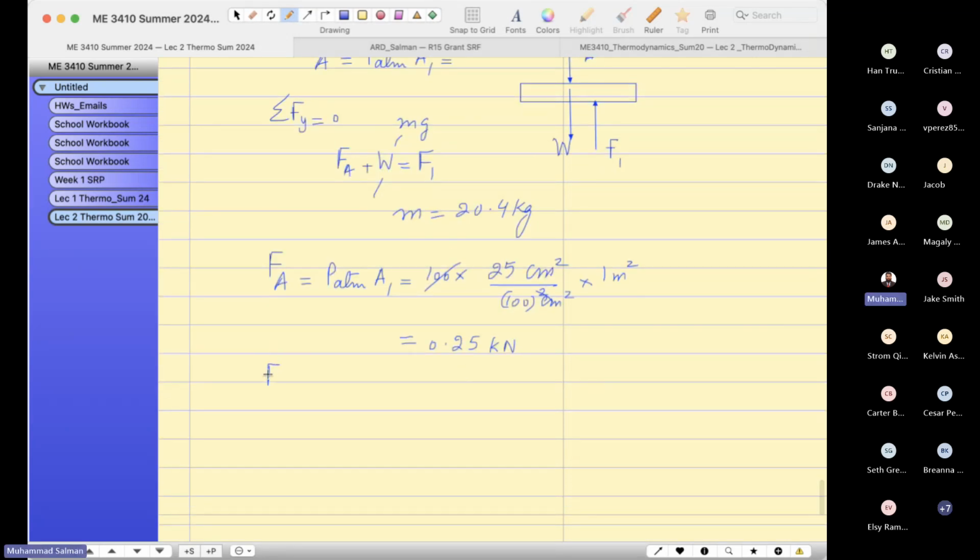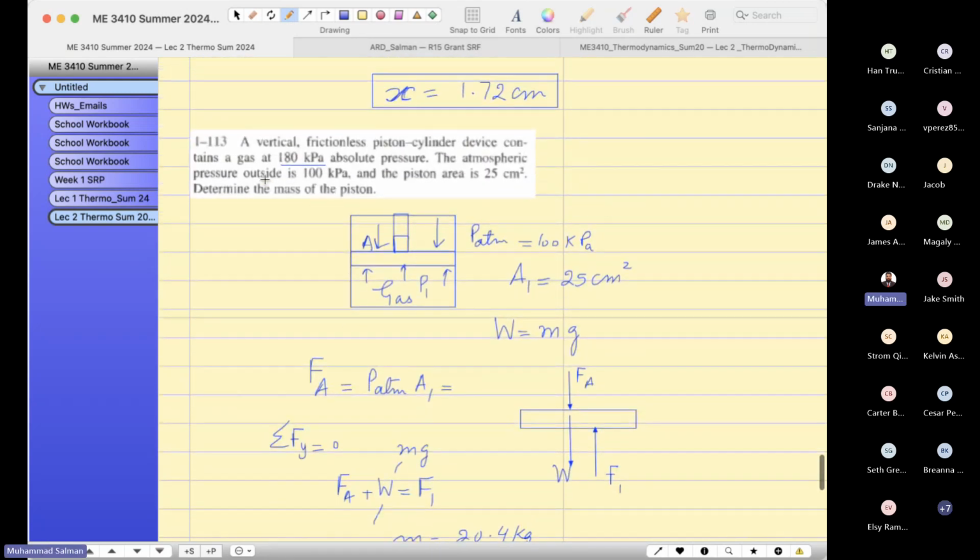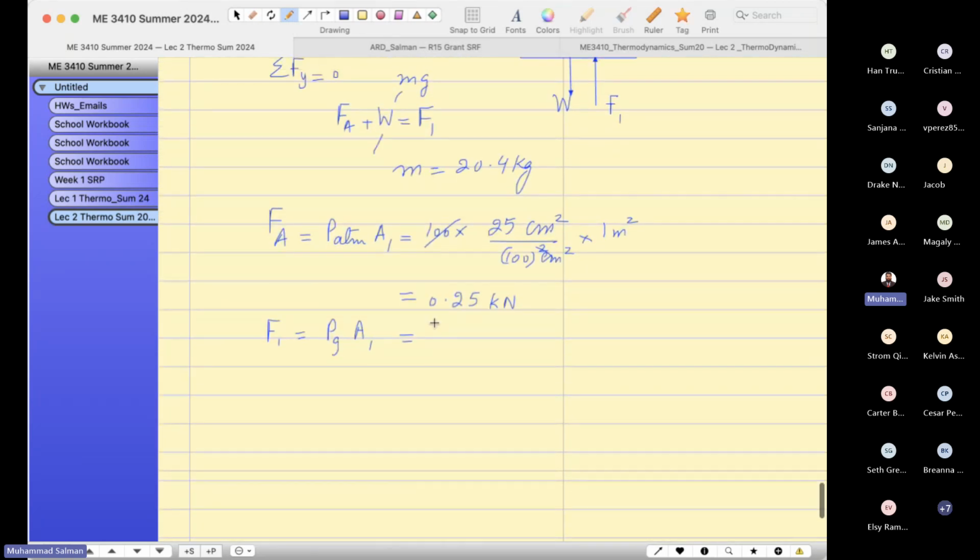And F1 is gas pressure times area. The gas pressure inside is 180 kilopascals, so 180 kilopascal times area 1, which is 25.